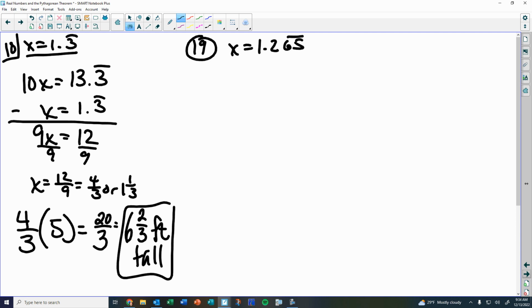How many digits are repeating? 2. So that's what? 100, right? So this is going to be 100x. And we move this 2 spots over. So that's 126.5, and then the 6.5 after. Where we drop the decimal. And then we subtract the original.